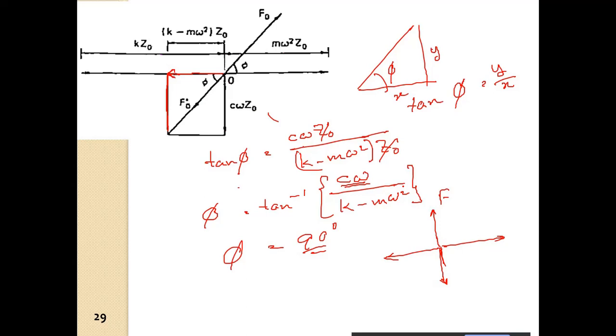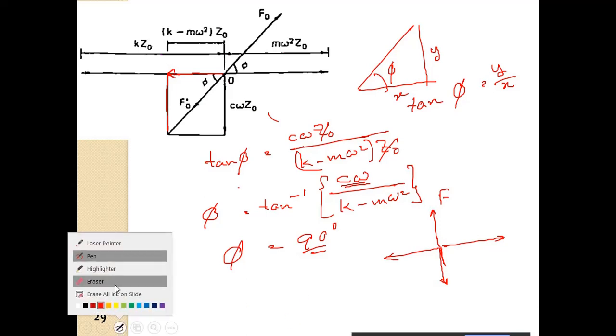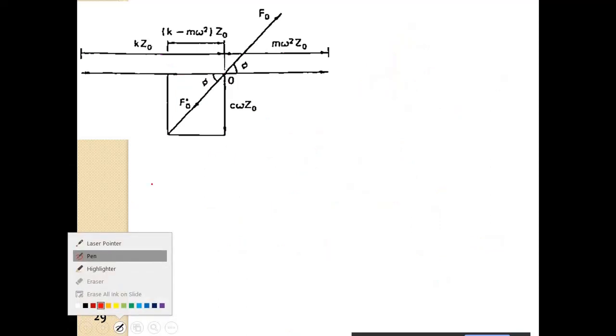Now here we can define certain important terms in the analysis. Just now we have defined Z naught is equal to F naught by root over K minus M omega square plus C omega, all squared.